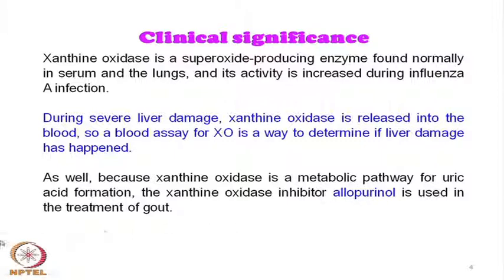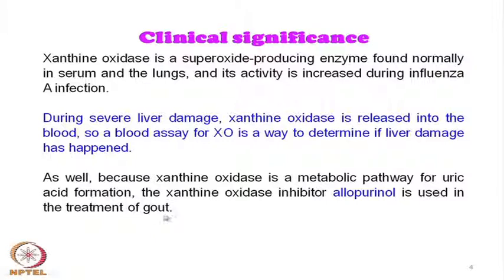allopurinol. It is utilized for the treatment of gout, because gout is nothing but the manifestation of a large accumulation of uric acid, which crystallizes in the bone joints and can give rise to severe pain to the patient.